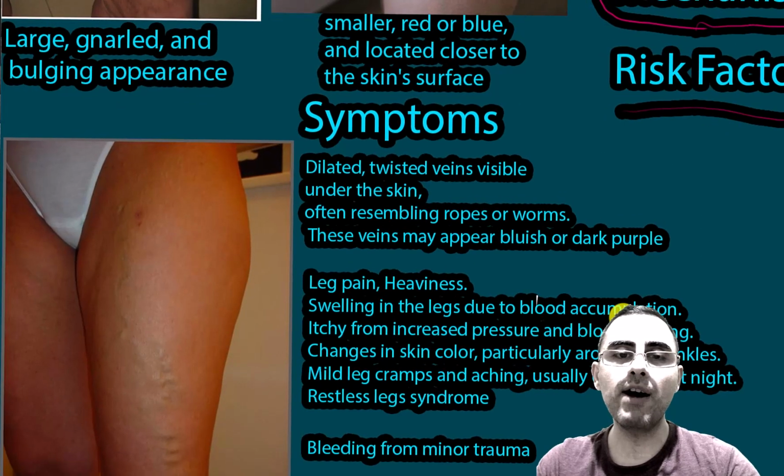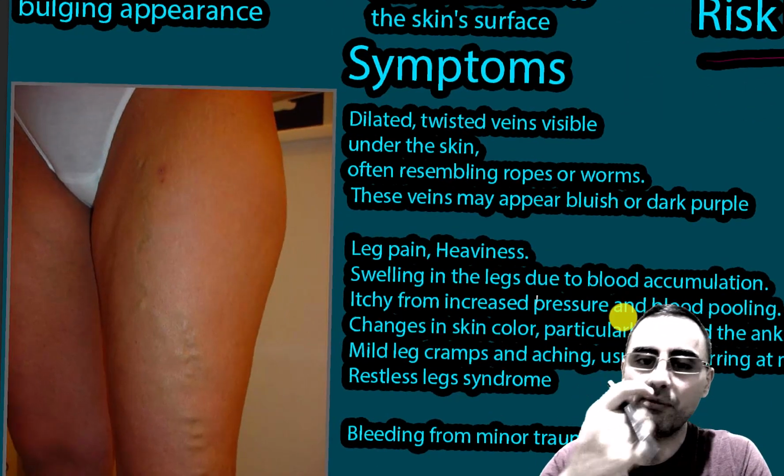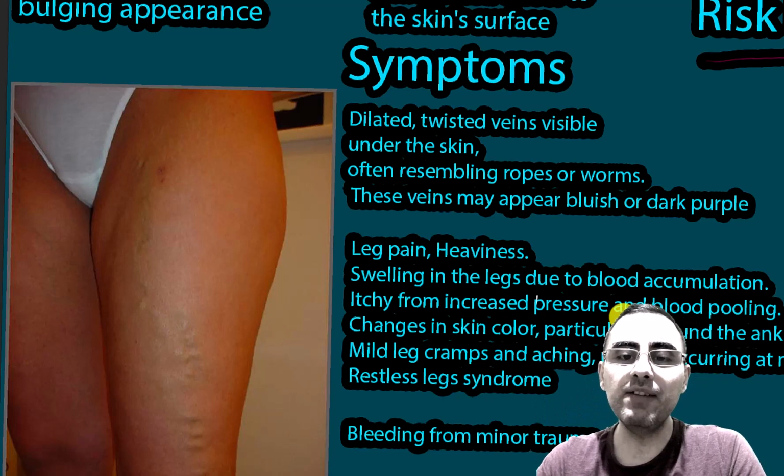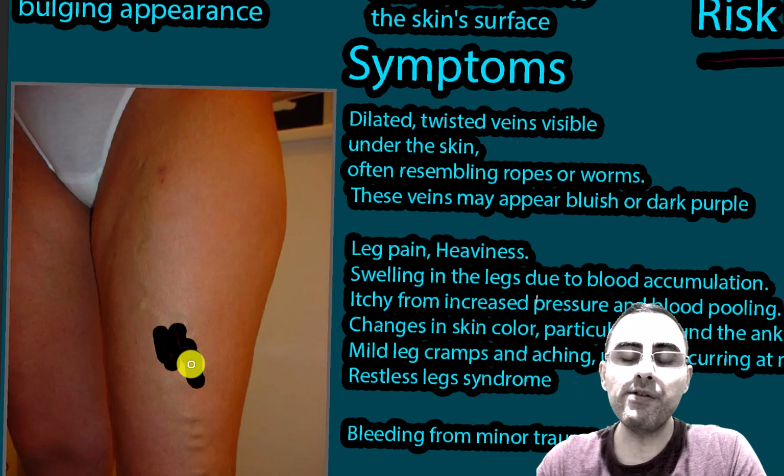Now let's talk about varicose vein symptoms. Visually we have dilated, twisted veins which are visible under the skin. You can notice here, often resembling ropes or worms. These veins may appear bluish or dark purple.